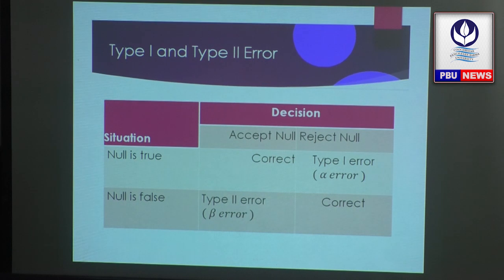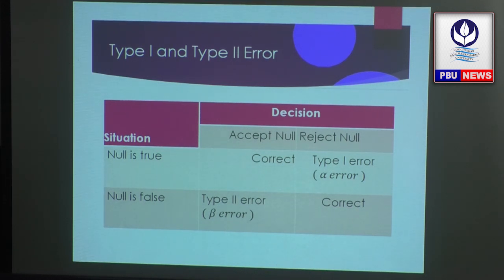Now, type 1 and type 2 errors. Here, this is very interesting. In two situations, the columns are: null is true, null is false. And the rows are: accept null, reject null.